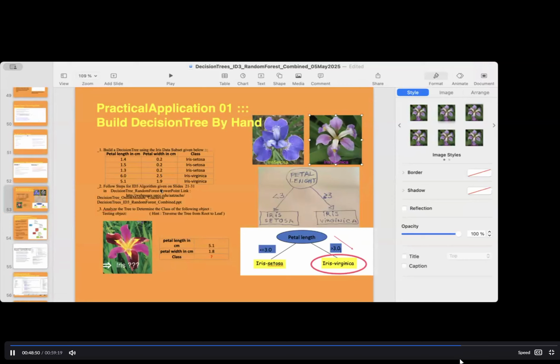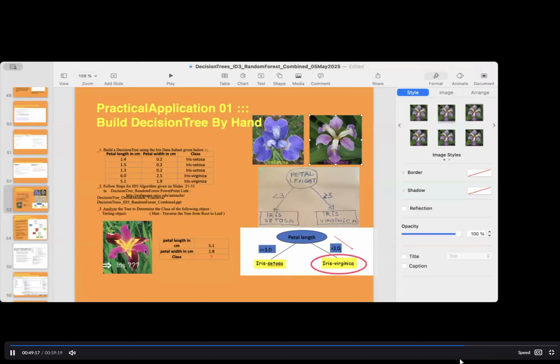We have the petal length and the petal width as the only attributes. Using those attributes, we need to build a decision tree that tells us the class of the flower. So we're going to use 80% of our data to build our decision tree that's going to describe the Iris setosa flower and the Iris virginica flower.